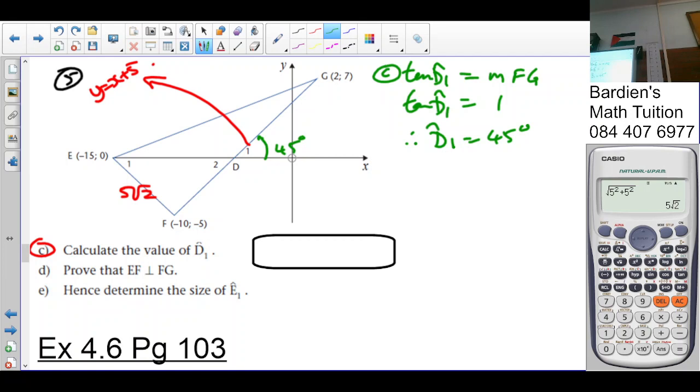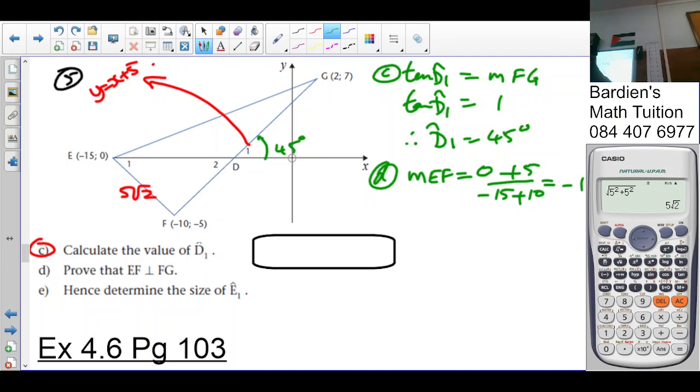Then it says prove that EF is perpendicular to FG. What do I do then? Gradients. So the gradient of EF: (y2 minus y1) over (x2 minus x1). So it's 0 minus negative 5 over negative 15 minus negative 10. So it gives you 5 over negative 5, which is negative 1.